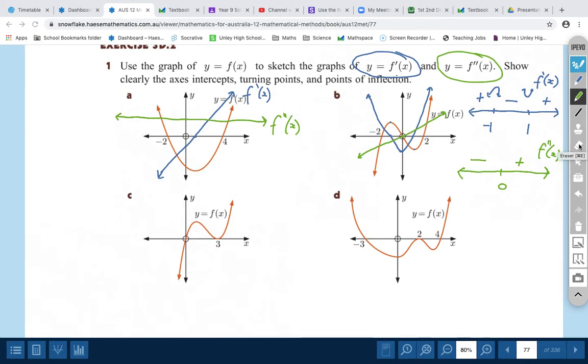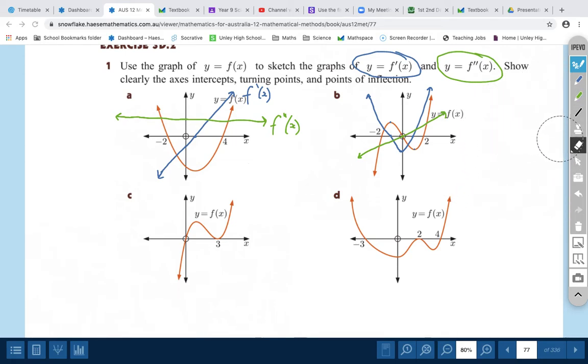Okay, now it doesn't say to draw the sign diagrams, but often it's a really useful thing to do when you're trying to sketch first and second derivatives. C, we've got a max here. We've got a min there, right at y equals 0.